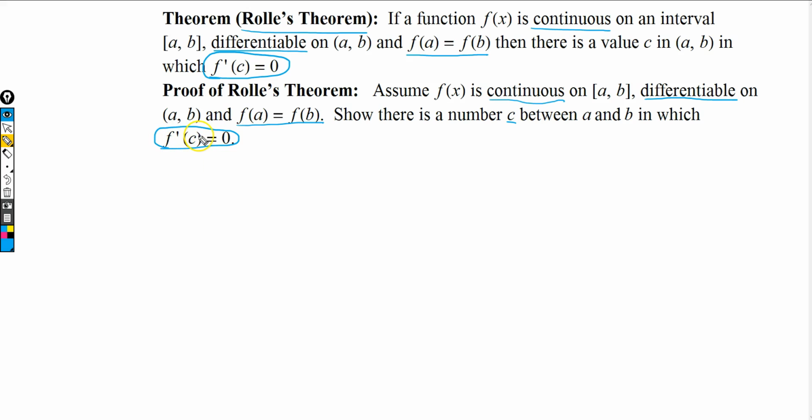Alright, now we have two cases that we're going to consider here. The first case is where f of x is just a constant function.